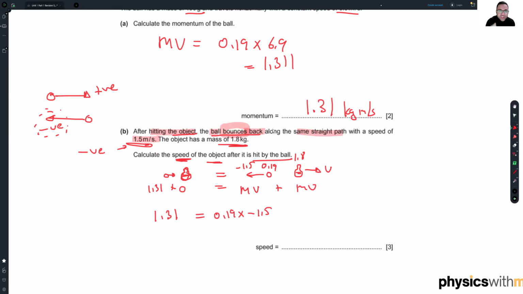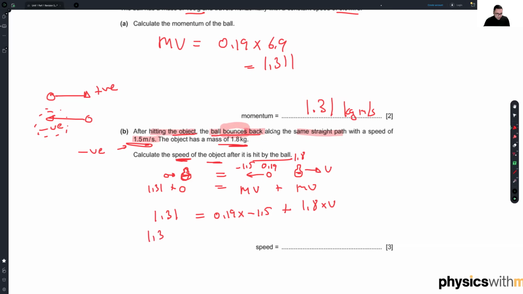The direction has changed. So you need to change the direction of the velocity by changing the sign from positive to negative. You have to. This only happens in these types of questions. Plus, what's the mass of the object? 1.8 times V. The rest is basic algebra. So 0.19 times negative 1.5.